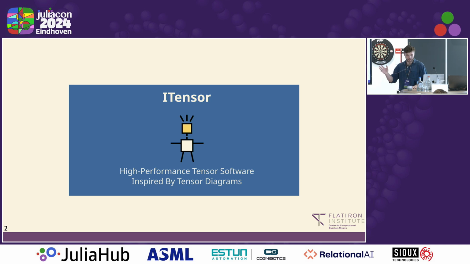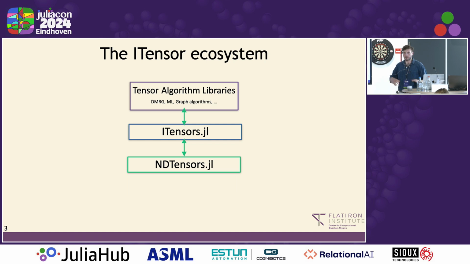So I'm going to talk about ITensor, which is now a more massive library, which was inspired by tensor diagrams. I'll talk in a second about what this means for doing tensor algorithms. We can think about the library as a multi-level thing. ITensor itself sits in the middle, as a small wrapper around two big things on the top and bottom.